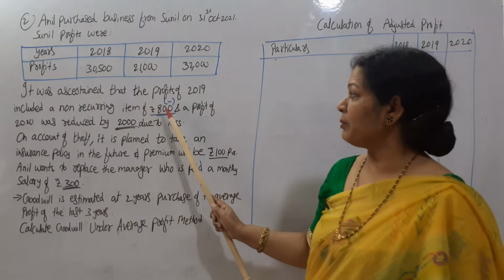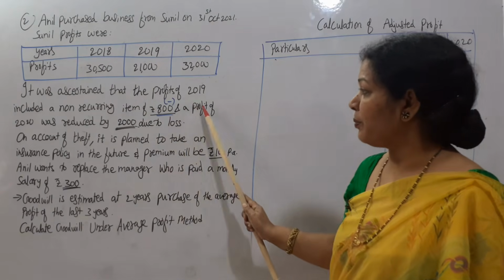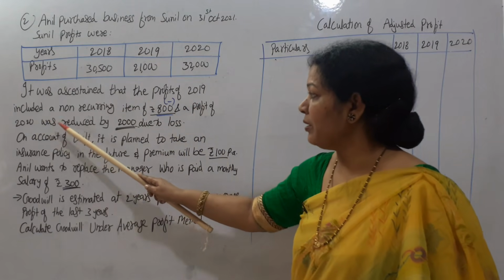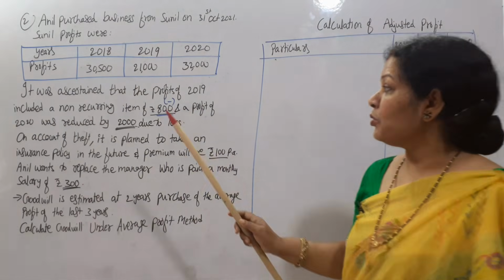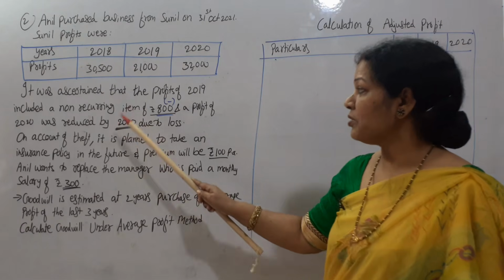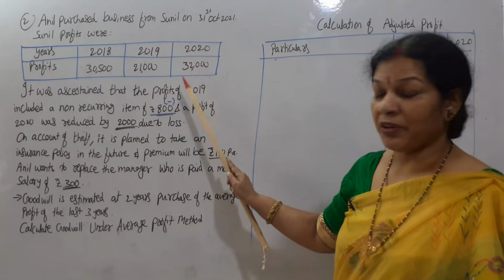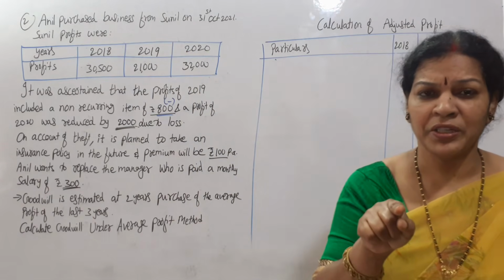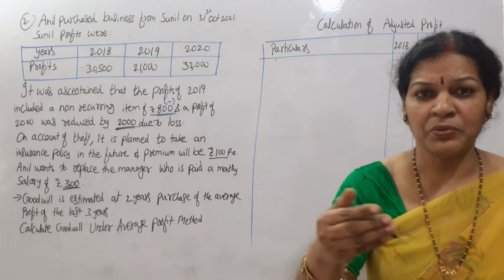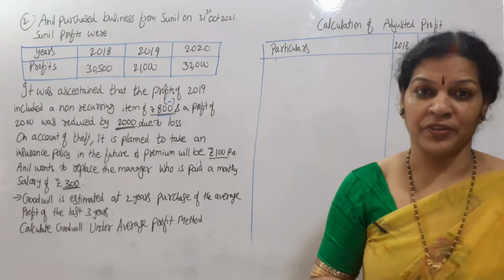The profit of 2020 was reduced by 2000 due to something. So here this is reduced. 2020 profit of 2000 was reduced, and it is related to 2020 only. When it is reduced, we will add it to know the exact profit.